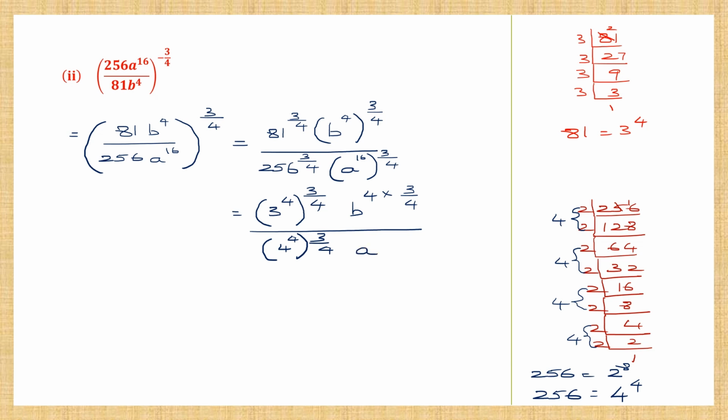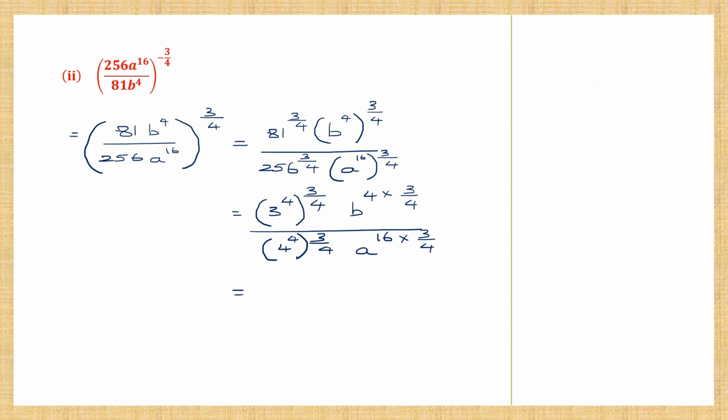Into, we have a here raised to the power of 16 into 3 by 4. So in the next step, we can use the power law and write 3 raised to the power of 4 into 3 by 4. And b, now we can cancel this 4 and this 4. So b is simply raised to the power of 3.